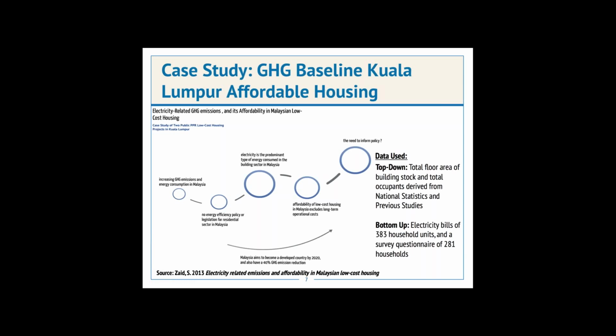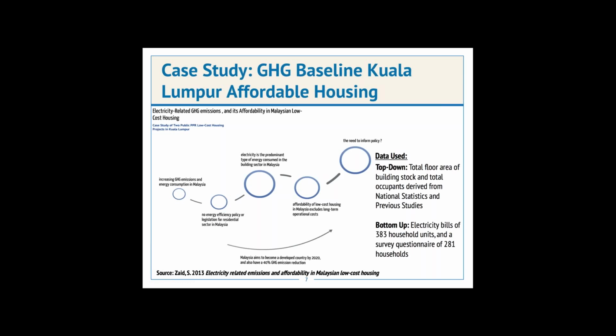And so therefore the decision was made to use the Common Carbon Metric to establish baselines that could inform the need for residential building energy performance regulations. So in this process, both top-down and bottom-up data was used. Total floor area was derived from national statistics and previous studies, and then in this case it was the floor area of affordable housing projects in KL, which happened to be of a standard design.